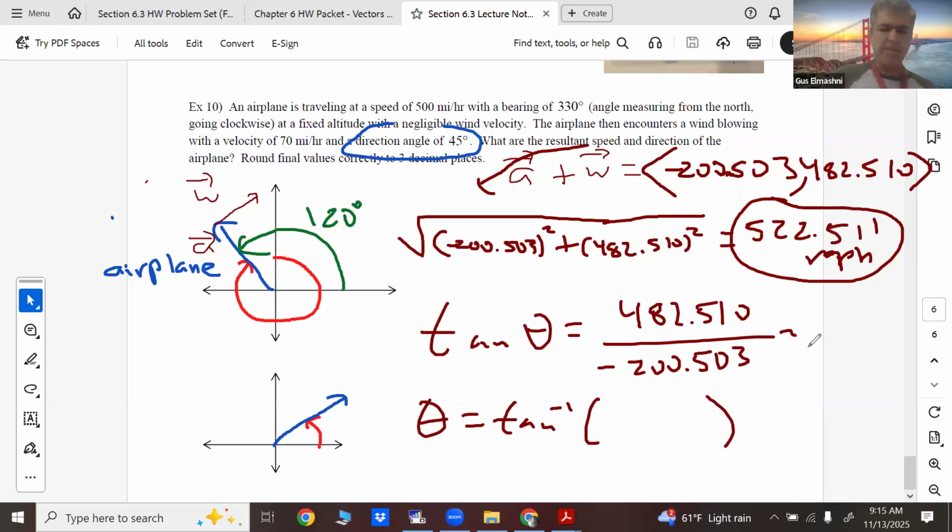Let's get the decimal equivalent of that. What's that going to be? That divided by... -2.407.